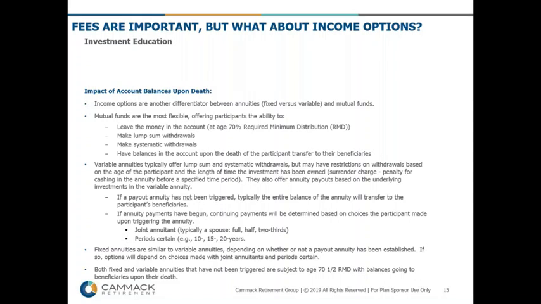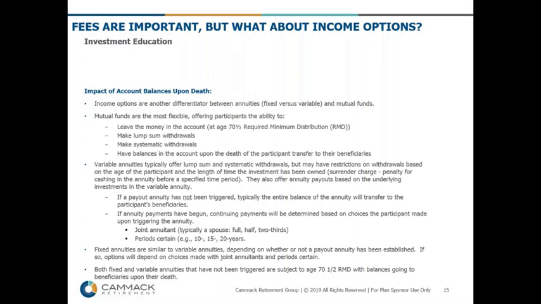So in an annuity, if the payout has not been triggered, typically the balance of the annuity will transfer to the participant. If the annuity payments have begun, continuing payments will be determined based on choices the participant made. So when you go to annuitize, let's say you're age 65 and you want to set up your annuity, they're going to ask you questions, and you actually have to put this in writing and you make choices.